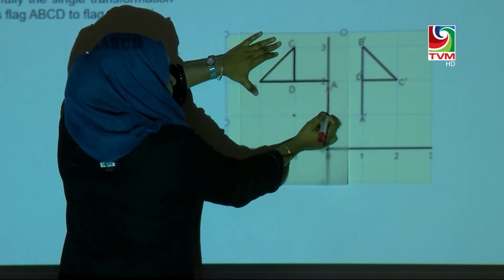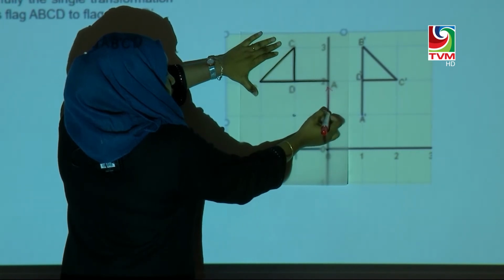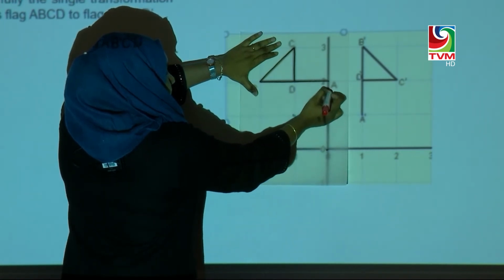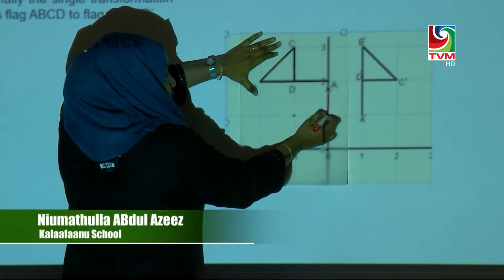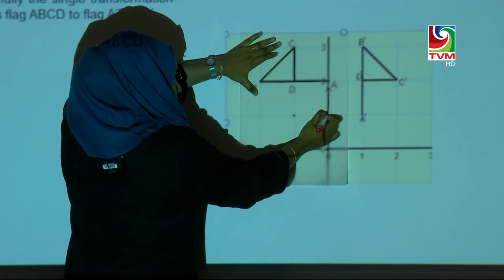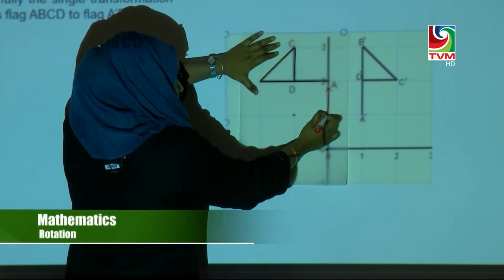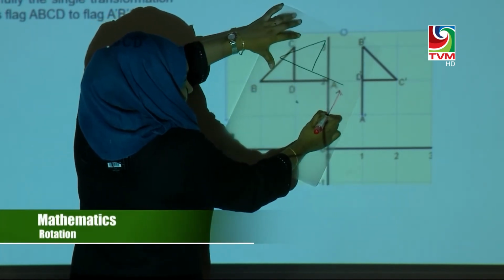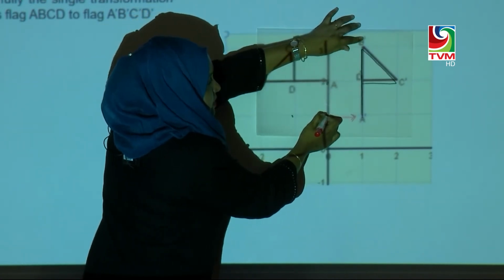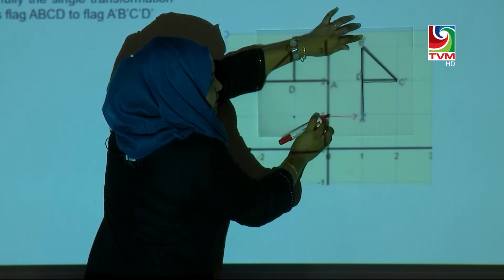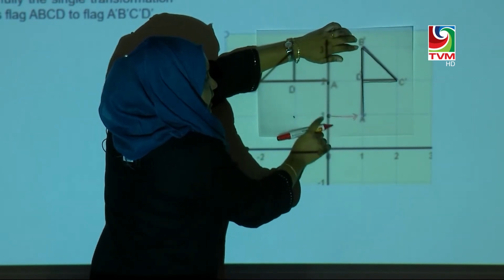Now we know that the center is 0, 1. You are going to draw an arrow at the center. Now place your pencil point or compass point at the center and rotate it clockwise. As you can see here, now look at the arrow.